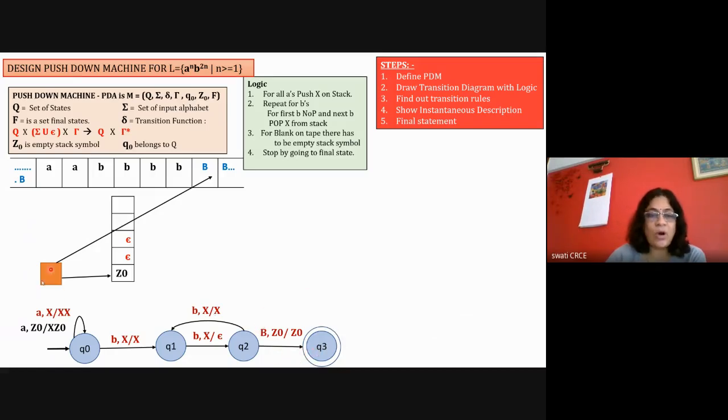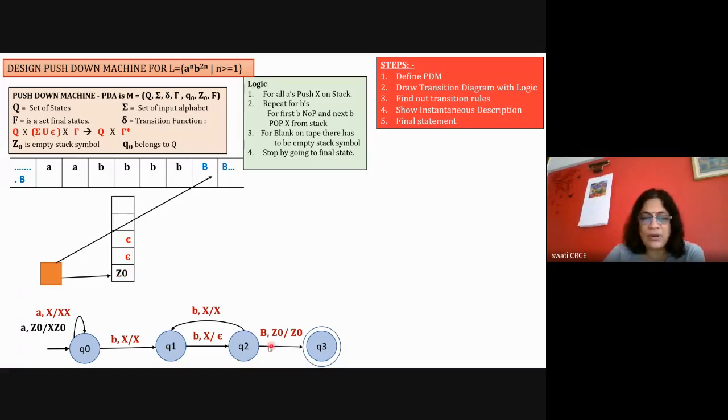But we can also halt by deleting the Z0 symbol from the stack. When there is no Z0 on the stack, the machine will not be able to do anything after that. So that way also it will halt, that is, it is ending. So this way also you can define it.